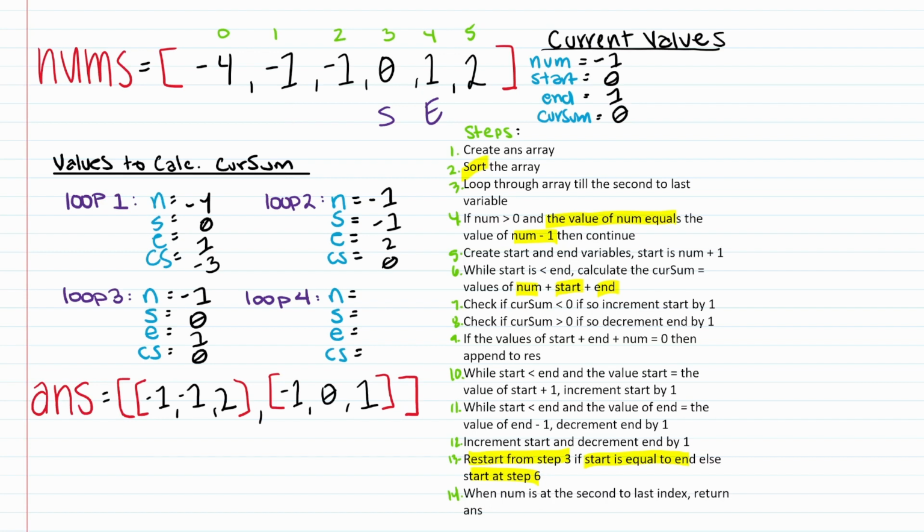We're going to restart from step 3. We move num up by 1, and then create our start value, which is once again num plus 1 equals start. So num is -1, start is 0, and n is 1. We're just going to leave those there because that's already inside of our array. If num is greater than 0 and the value of num equals the value of num minus 1, then continue. Does num minus 1 equal each other?